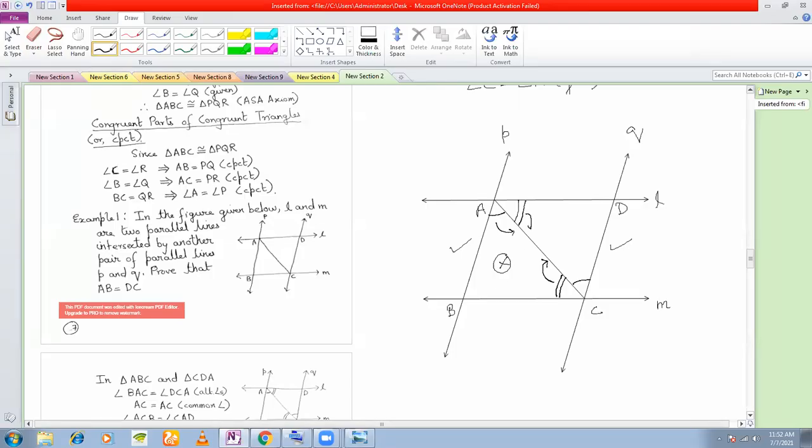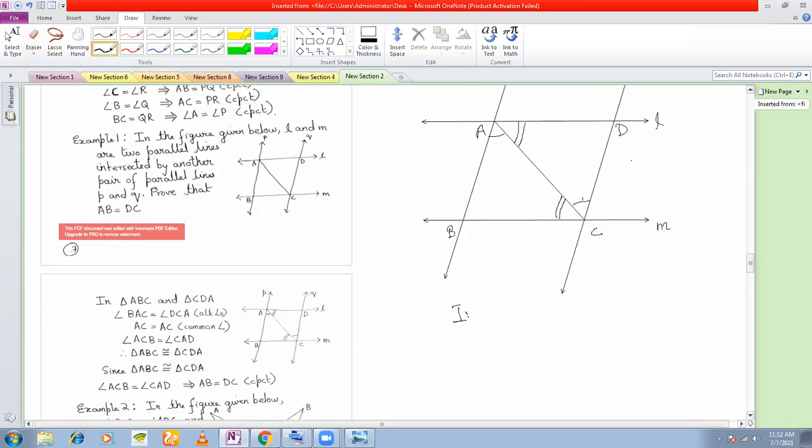Also in this triangle, you see this is the included side. But also you see that AC is the common side of the two triangles. They have to be equal because it is a common side. So therefore, two angles and one side. Therefore, we can say that the triangles are congruent by ASA axiom. Okay, so let us prove this.